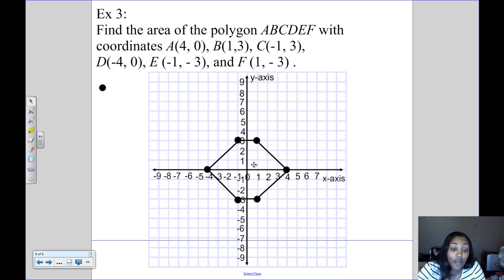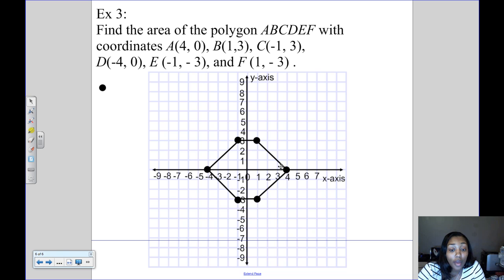So let's take care of our halves. We know we have 24, and then this makes 24 and a half. Then we add another half, and we have 25. Another half, 25 and a half. Another half, 26. Another half, 26 and a half. Another half, 27. Another half, 27 and a half. Another half, 28. Another half, 28 and a half.